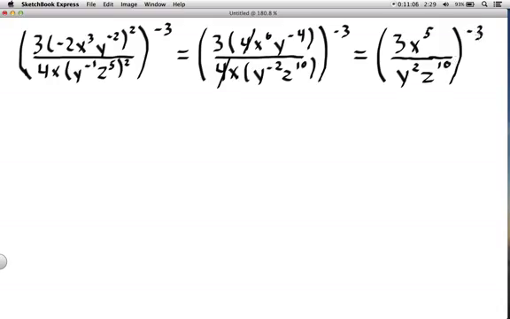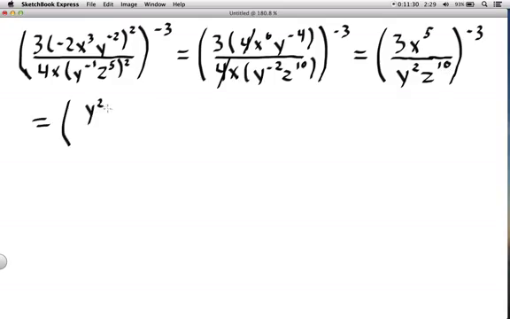So at this point, we have to deal with this negative 3 over here. But there's a lot less inside here than when we first started, so it's not going to be too hard. Actually, the first thing we should do, since it's a negative power, is just switch the entire numerator and denominator.